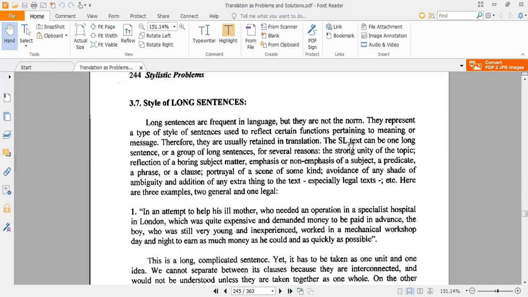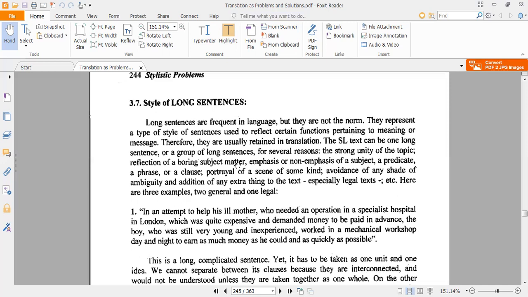The second reason is a reflection of a boring subject matter, or emphasis or non-emphasis of a subject. Sometimes if we emphasize a topic, we can use a long sentence.